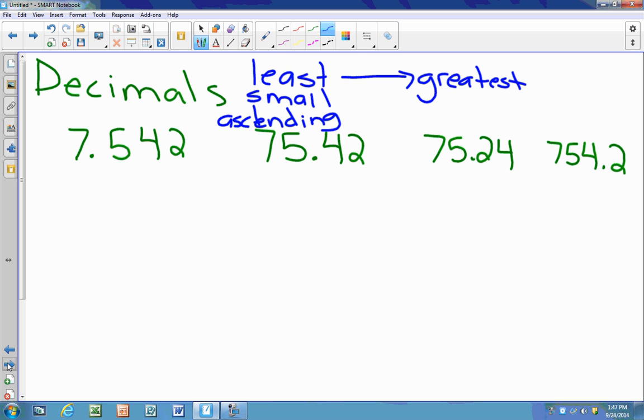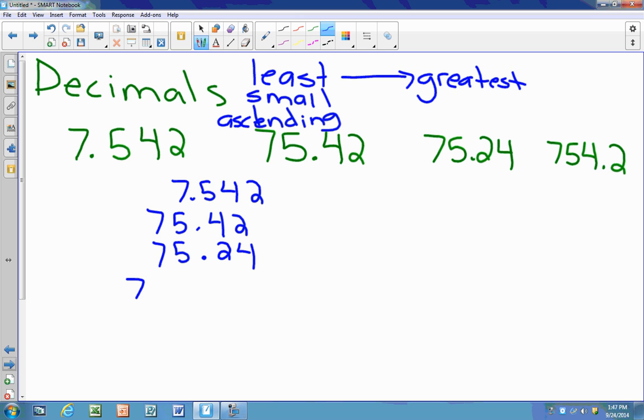I didn't put in enough room. And now, as I stated before, we're going to fill in zeros wherever there are no digits. It will make it easier for me to compare and put them in order.